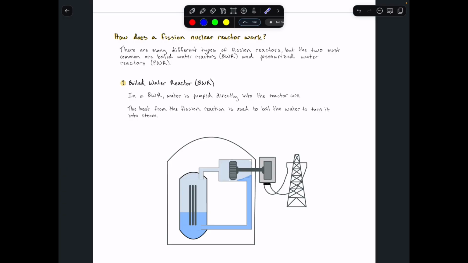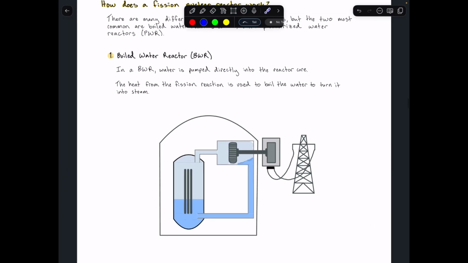So in a boiling water reactor, here, it generates electricity by using the thermal energy from the nuclear fission reaction to boil water directly inside of the nuclear reactor core. So let me label this diagram first.